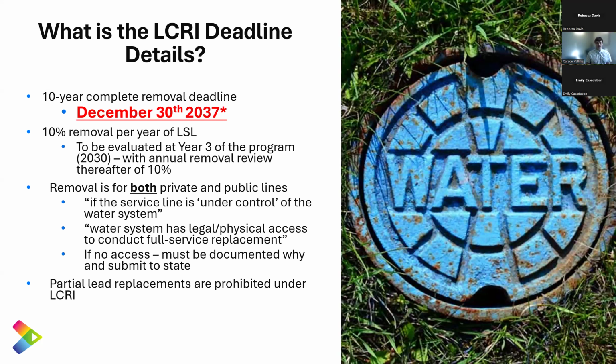So if you're unable, whether it's a physical or legal reason, you need to now supply the reason and rationale for not being able to do that replacement. And then partial lead replacements, which is really big, are also prohibited under the LCRI now. So you can't just go in there and replace just the lead connecting fittings and leave other portions that are lead-based there. It must be all completely replaced.